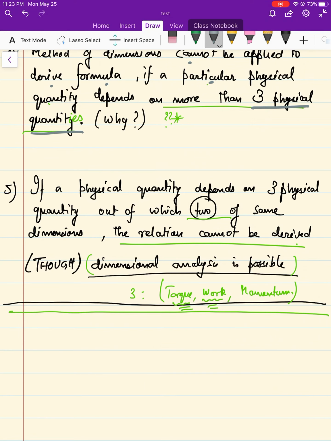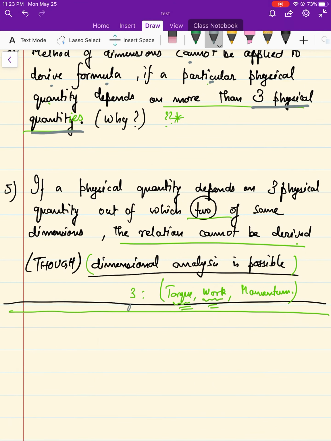For an example, let's take this case where you have torque, work, and momentum as the 3 given physical quantities, and you're asked to figure out the relation between them and an unknown physical quantity. Here, you see that the dimensions of torque and work are the same. So when you're finally getting the result, it would be difficult to assign values to either work or torque.